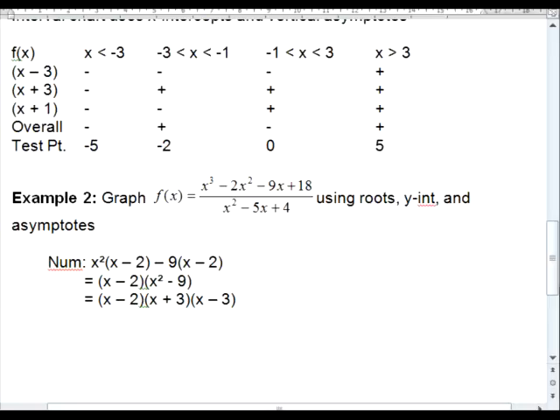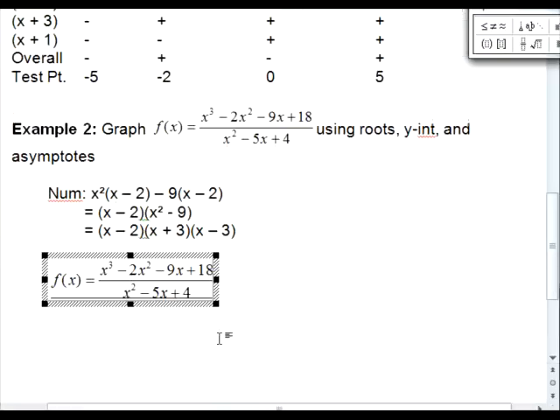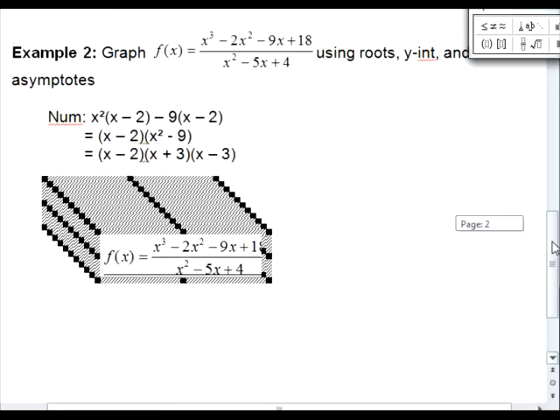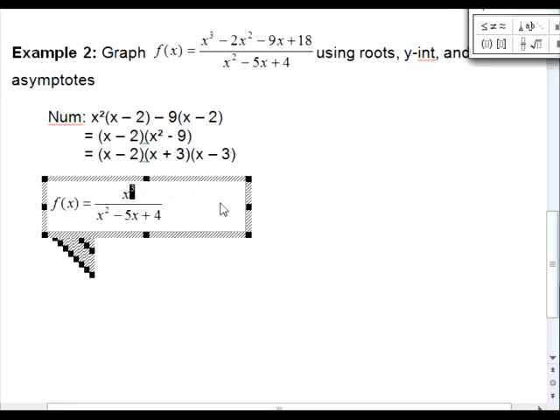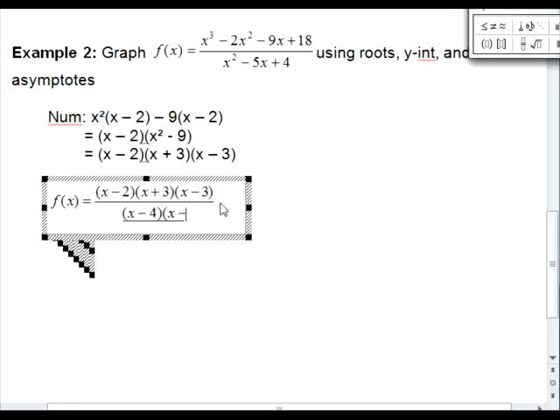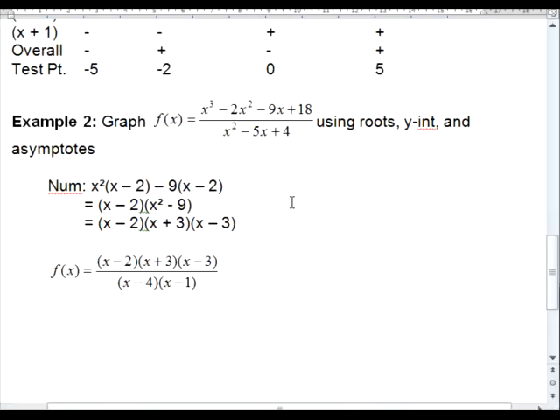This is actually equal to x minus 2, x plus 3, x minus 3, all over x minus 4, x minus 1. Alright, let's go for what we know then.